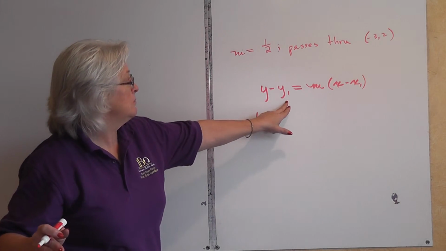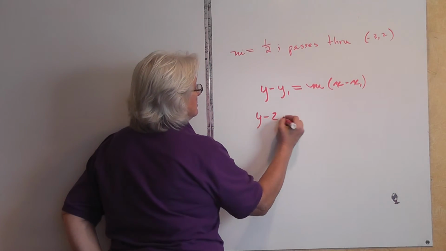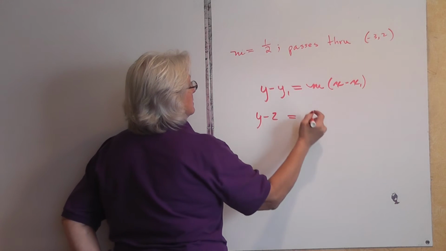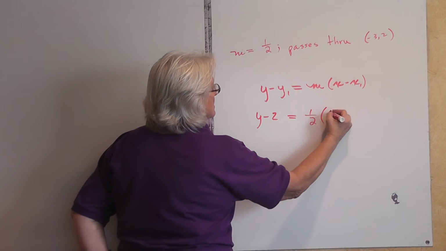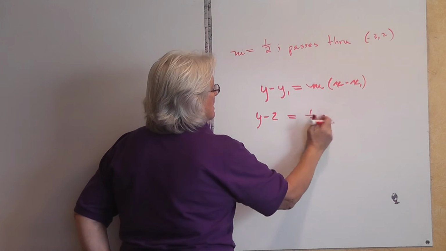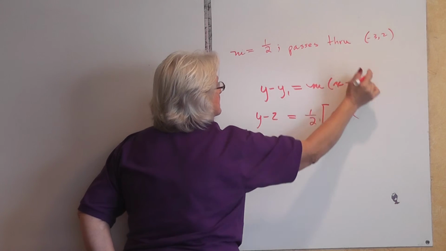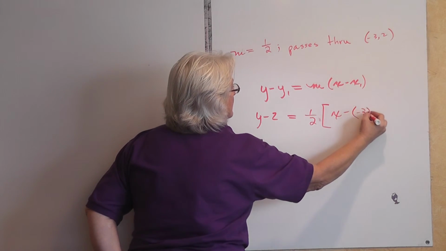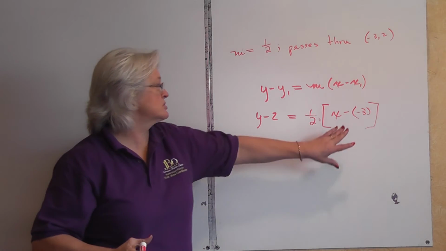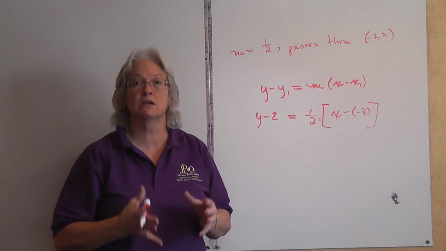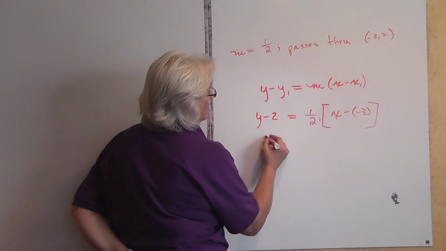Y minus y sub 1, that's the y value of our point. Y minus 2 is equal to m, which is 1/2 times x minus the x value. Right here is a good example. Remember I told you just a few minutes ago, make sure you show your substitution in parentheses so you're not dropping negative signs.